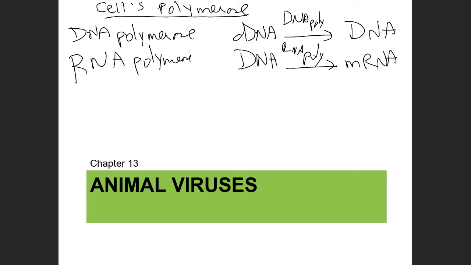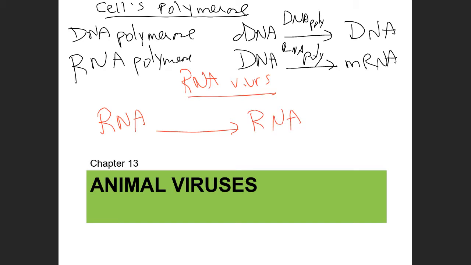This is the problem with an RNA virus. An RNA virus is going to need a polymerase capable of taking RNA and making an RNA copy of it. So that's what RNA viruses are going to need.